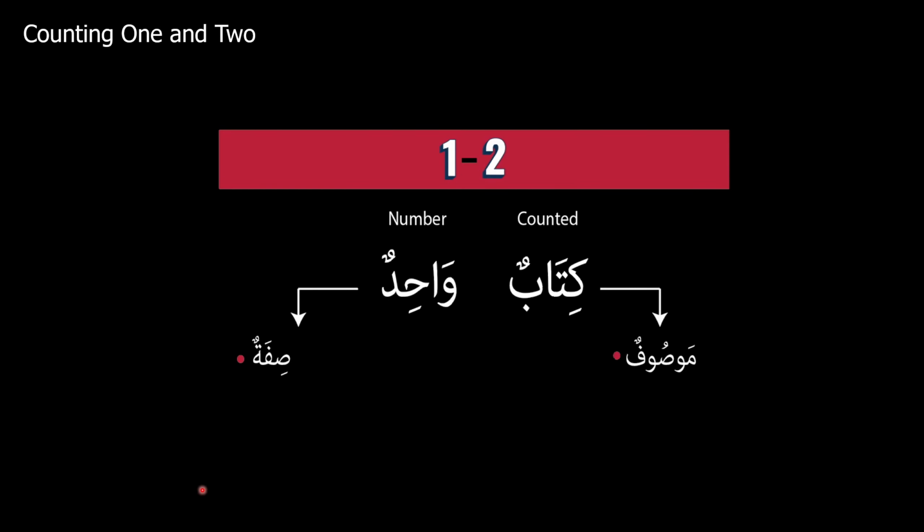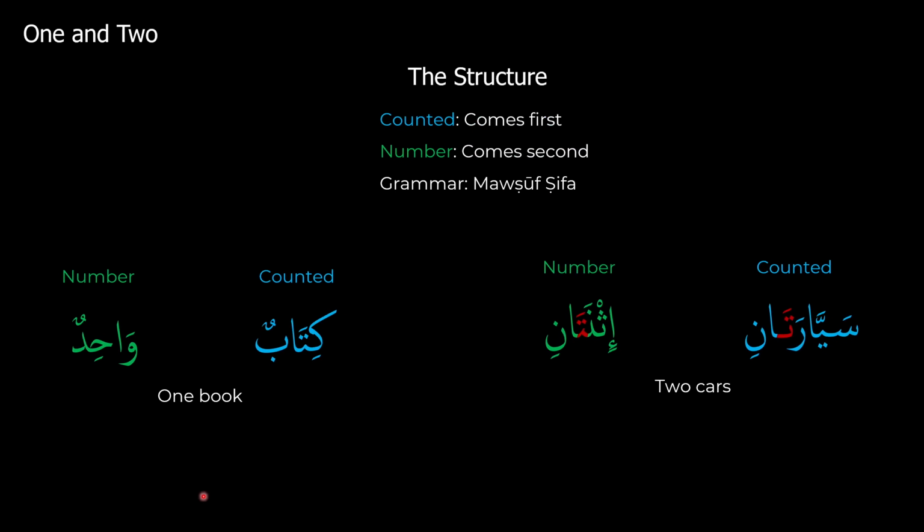So let's take a look at a few examples. So here for the numbers 1 and 2, again, the counted comes first and the number comes second, and the grammar is going to be mawsuf sifa. So here we have kitabun wahidun. Again, kitabun is the thing being counted, wahidun is the number.